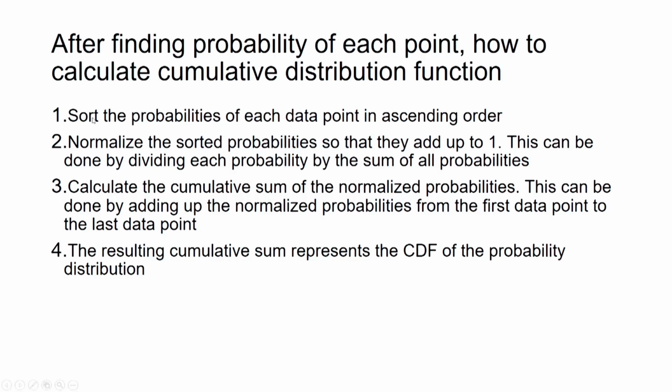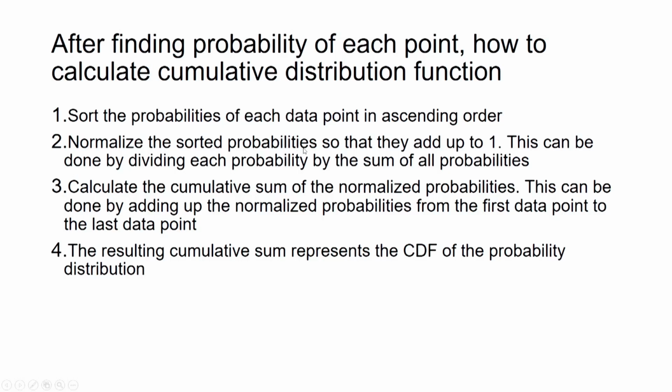First of all, we will sort the probabilities of each data point in ascending order, meaning the data point that is closest to the centroid we will keep first, and then the data point that is far from that centroid comes later, and so on.